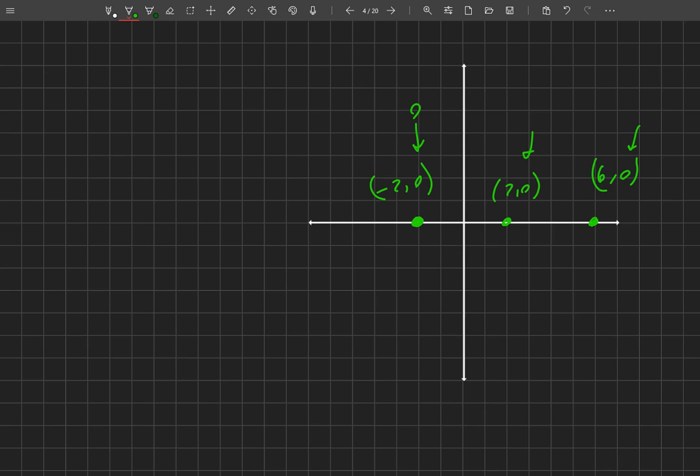Everywhere along the x-axis, your y value is always 0. That's the whole idea. That means that the height is 0. It hasn't gone up or down, right? So if I wanted to find out where my parabola has a height of 0, I'm going to literally make y equal 0.